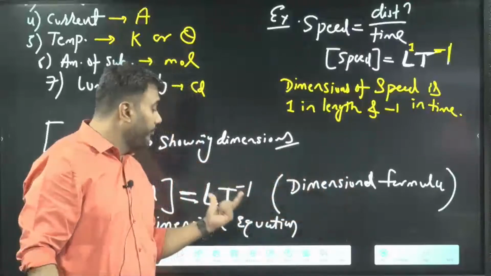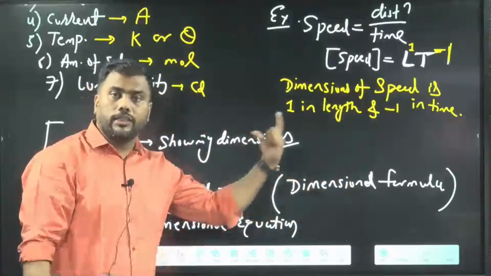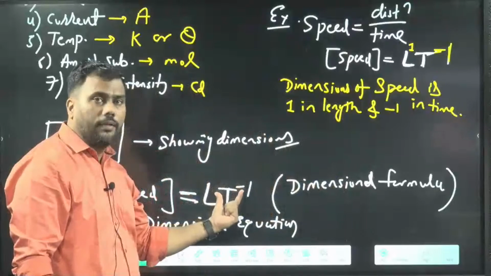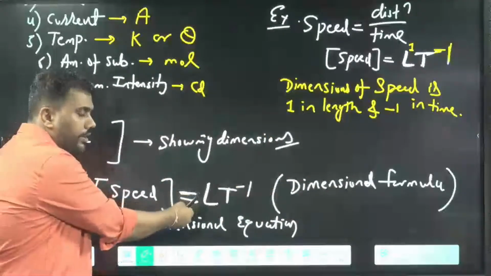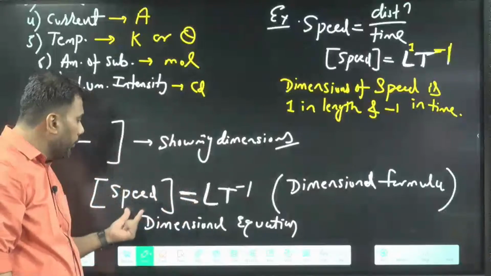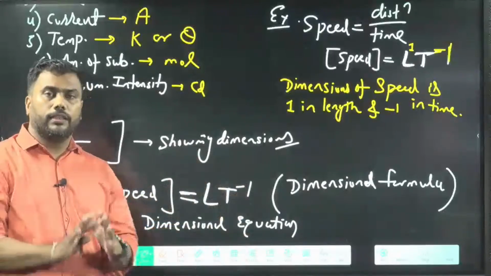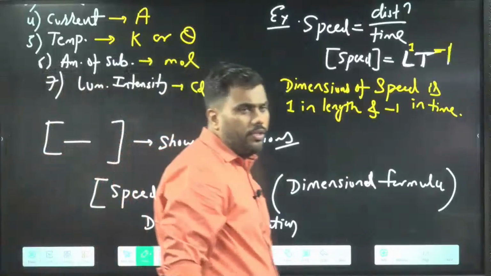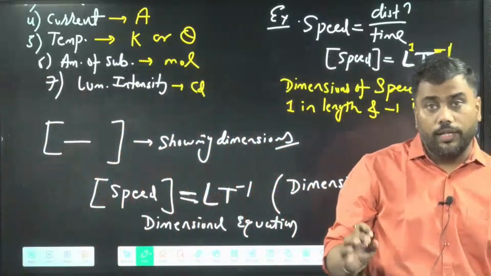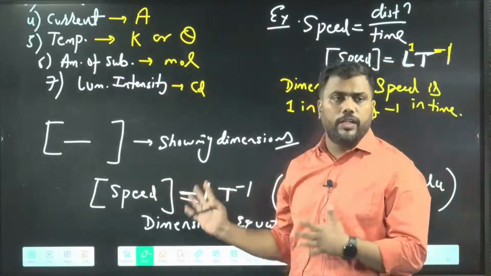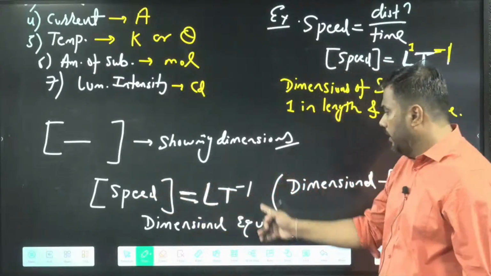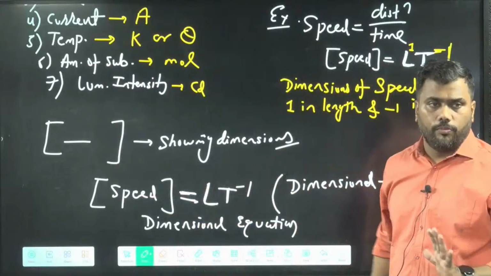It's a formula showing dimensions. What is a dimensional equation? It's an equation having an equal sign in between, showing the dimensions. Is this point clear? The meaning of dimensional formula and dimensional equation. Just by writing equal, we get the dimensional equation.